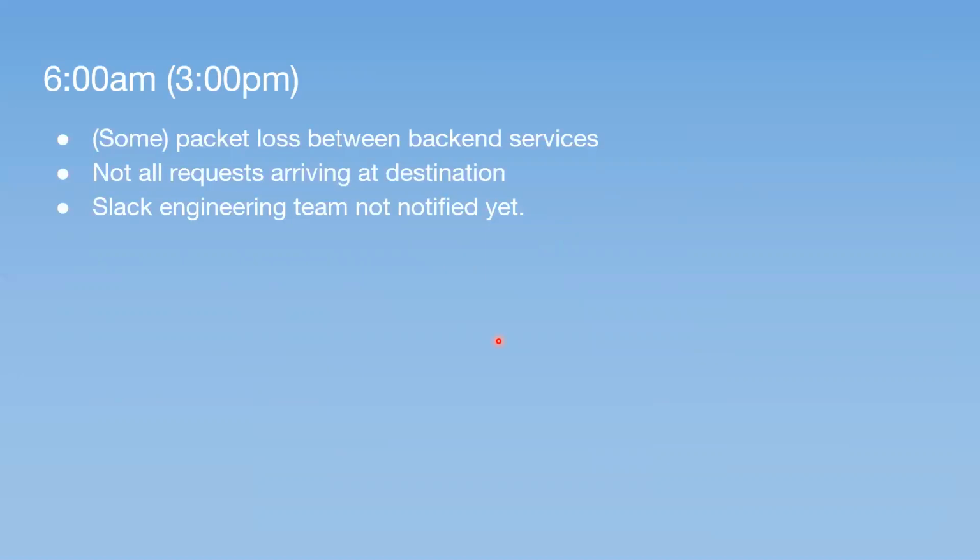At 6 a.m., we started to notice some packet loss between the backend services, to emphasize, in separate VPCs. So there is some packet loss happening. That means that not all requests are arriving at the destination, and conversely, not all responses are coming back. Slack are not notified of this yet.